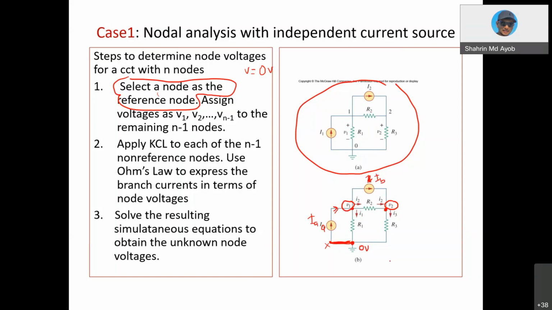For the branch currents here, I assume that the current is going out from node V1, and another current going out from node V1 also, and another current source in the same direction as the current source. So this one is IB. Meaning that for this node we have one current source IA going into the node, and then there are three currents going out: I1, I2, and IB.